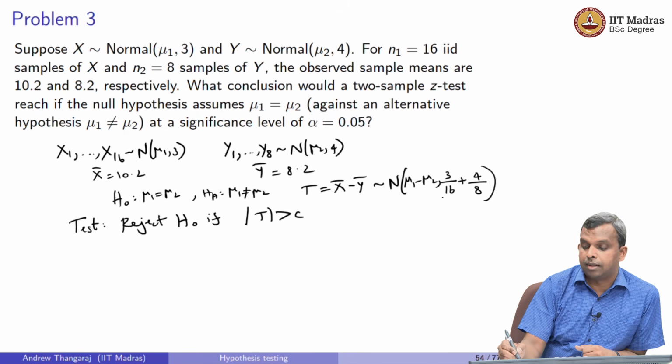Right? So this is the thing, so you can calculate it all together, 11 by 16, isn't it? This is what it is. Okay, so I'm going to reject h naught if mod t is greater than c.